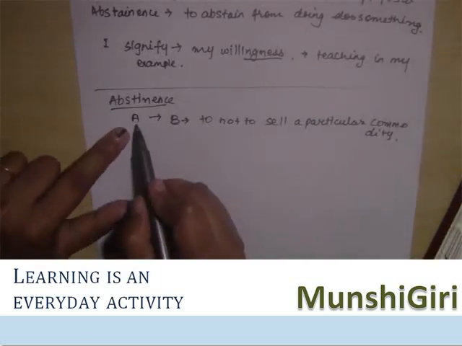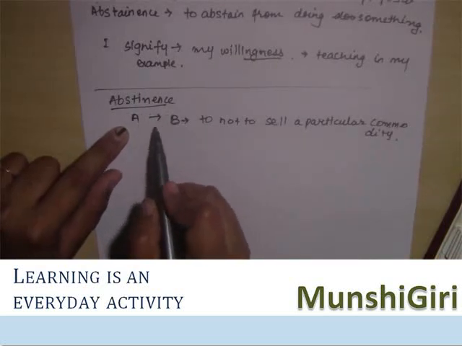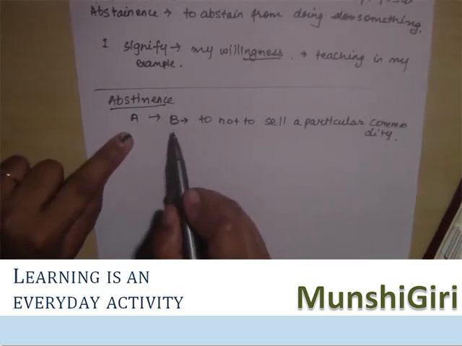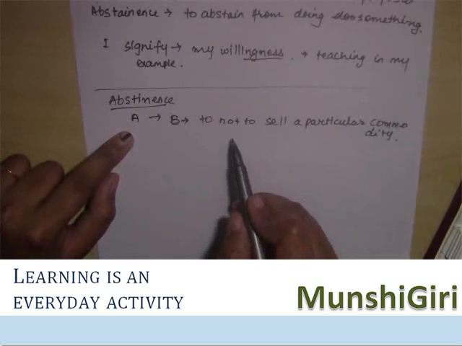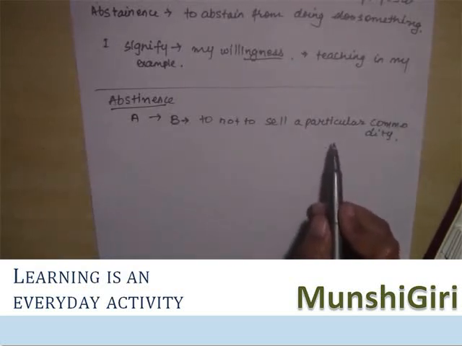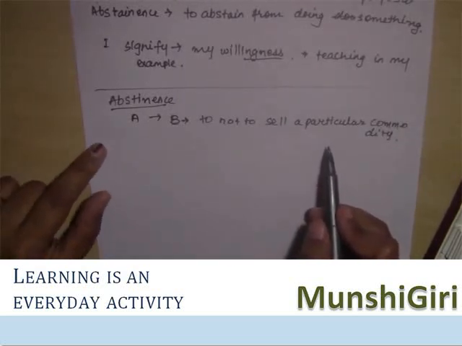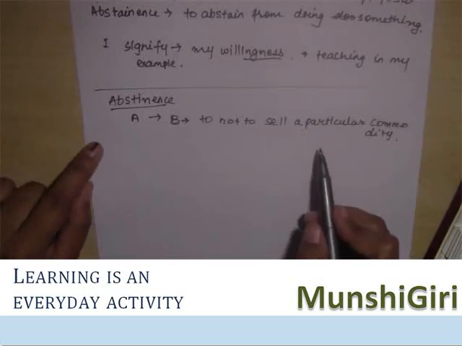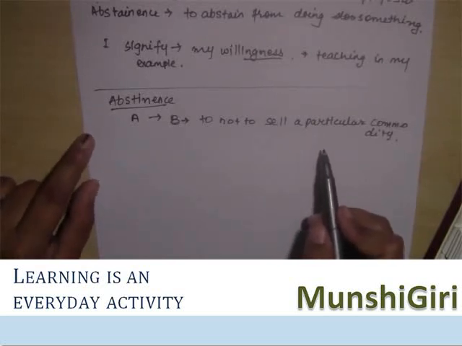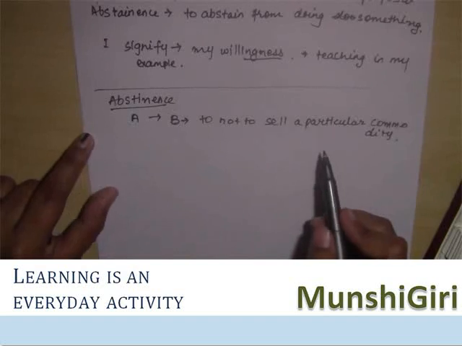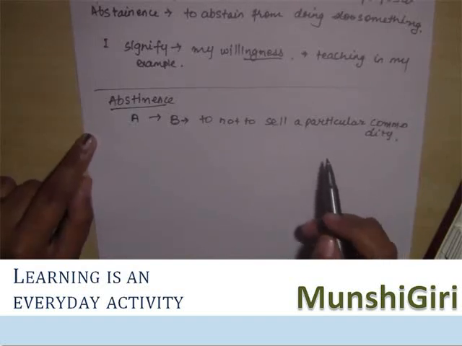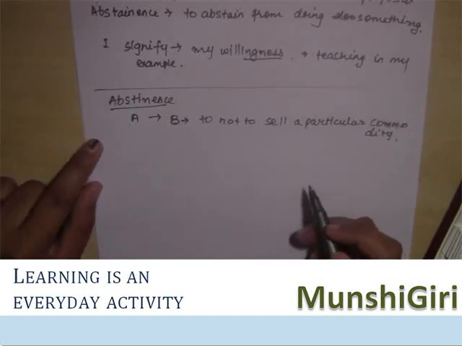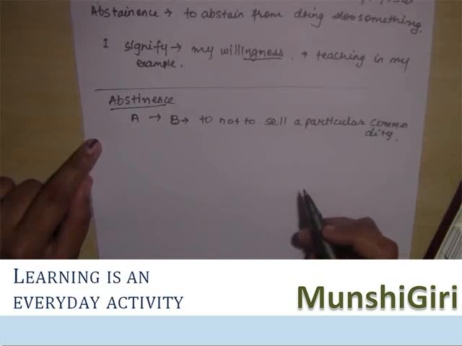And Mr. A offers a price in return to B, so that he does not sell the commodity. Now this is an example of abstinence, and Mr. A has made this offer in order to obtain the assent to the abstinence.